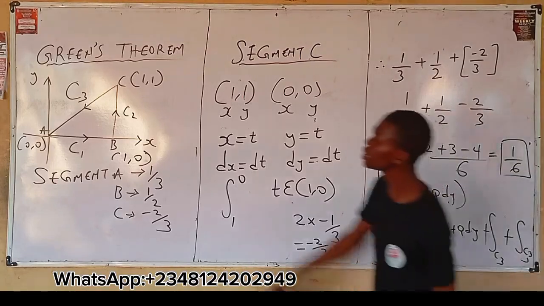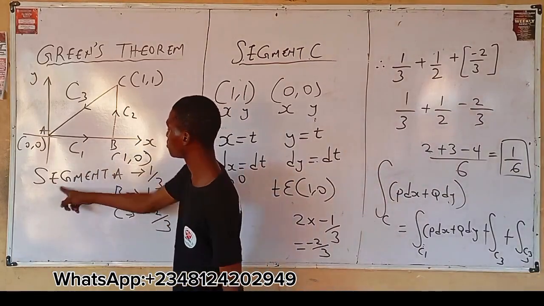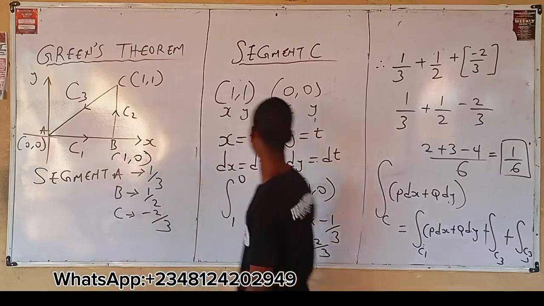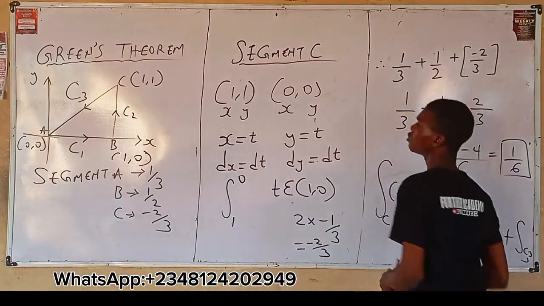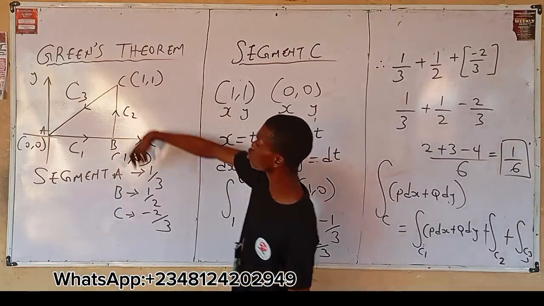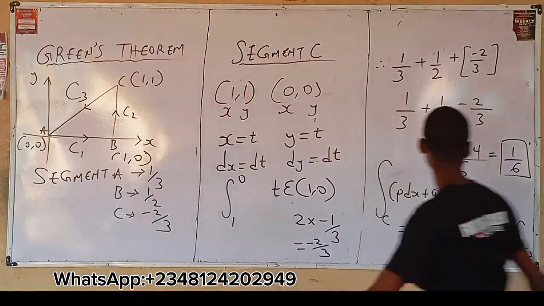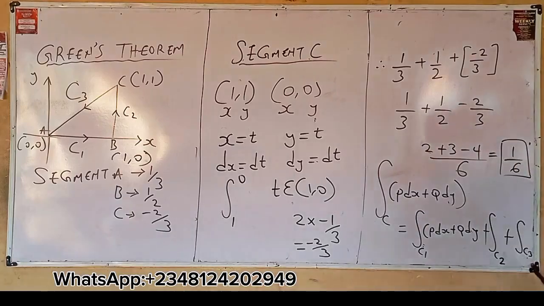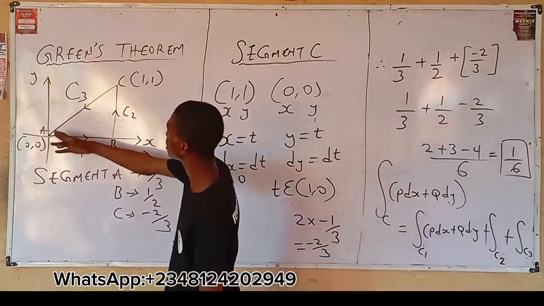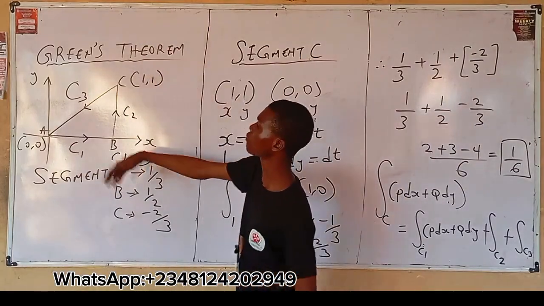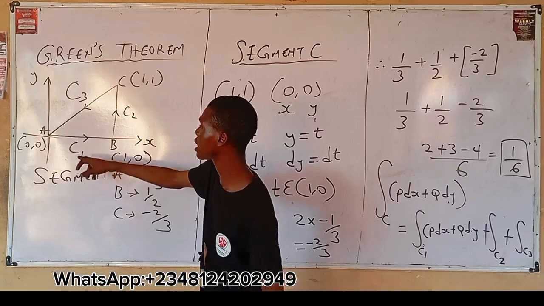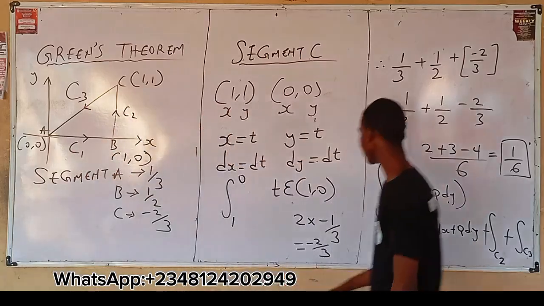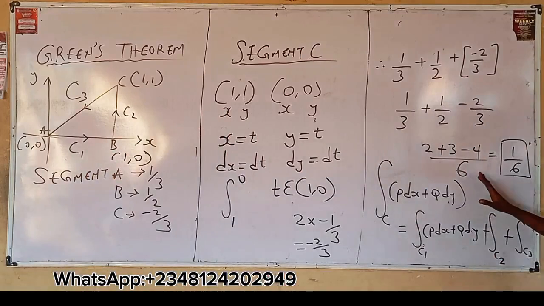When we say C1, meaning A to B, which is what we represented as segment A. When we say C2, meaning B to C, which is represented as segment B. Then lastly, C3, meaning C to A, which is what we represented as segment C. From our orientation of movement, you can see that we denoted them as C1, C2, and C3. So when we added it up, we got 1 over 6.